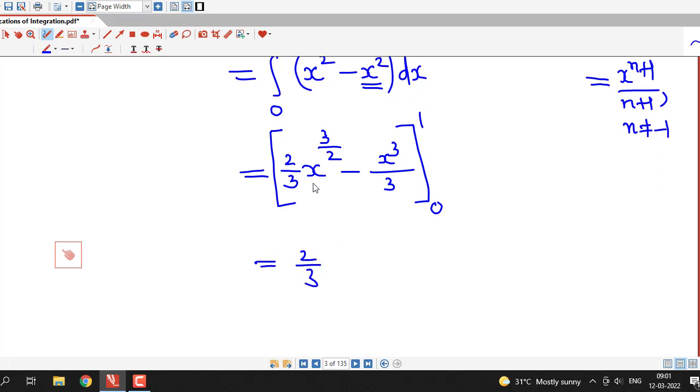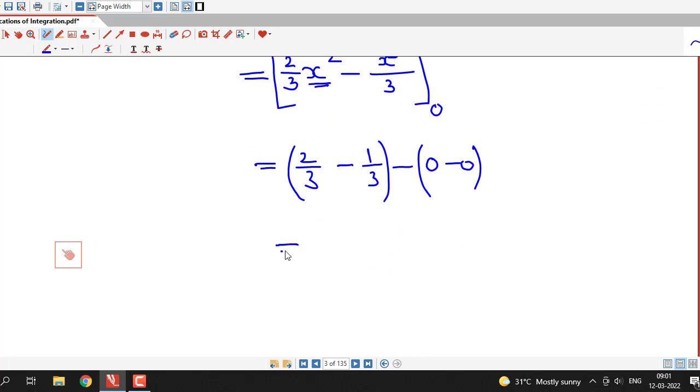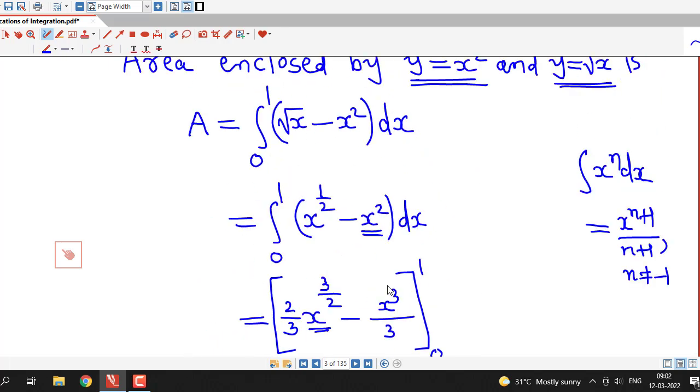So we have 2 by 3, 1 raised to 3 by 2 is 1, 1 raised to 3 is 1. So this is for x equal to 1, minus lower limit is 0. Here x is in the product, so this is going to be 0. And 2 by 3 minus 1 by 3 is 1 by 3. So required area between given curves is 1 by 3.